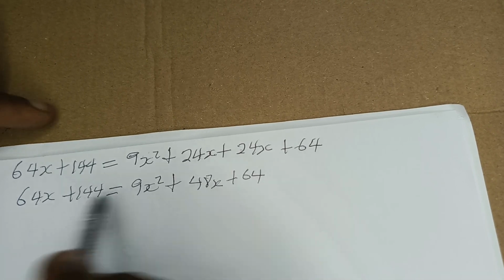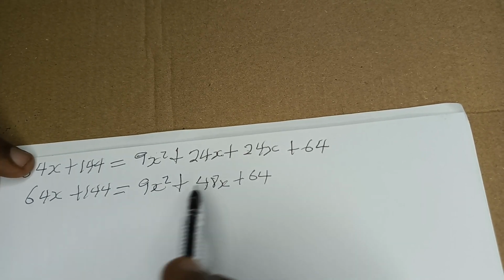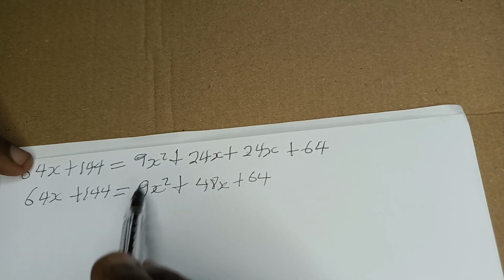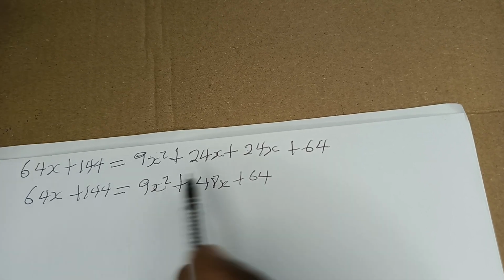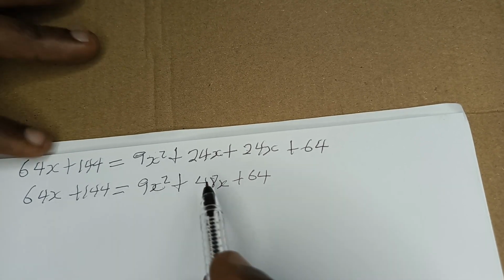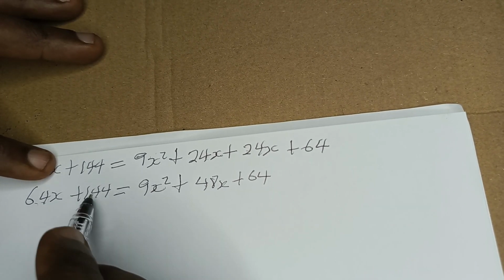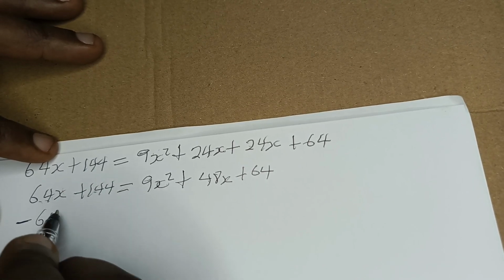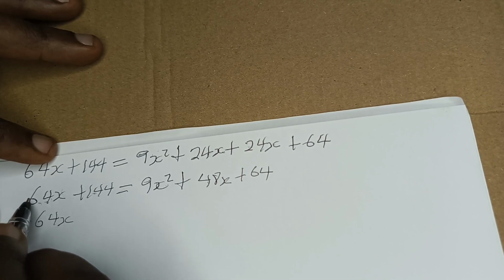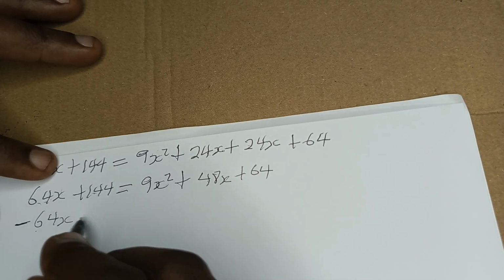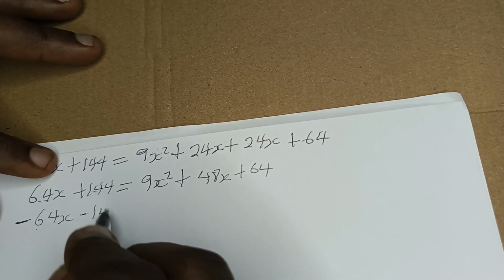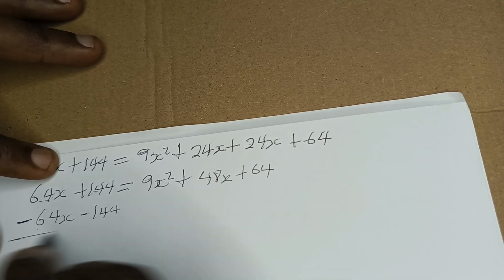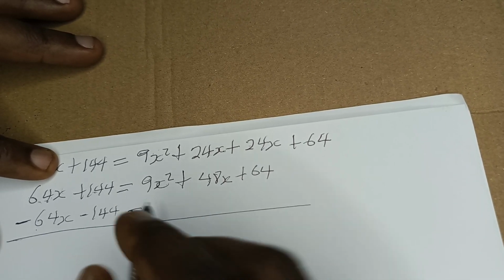So we have to bring everything together, because this will give us a quadratic equation, and we'll be using the root of the equation. So we take everything on this side to this side. It means we have to take away 64x, this is plus 64 because minus, this is also minus 144. We do the same thing to both sides.